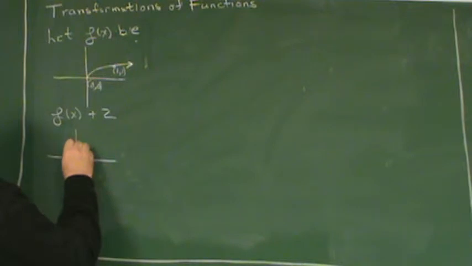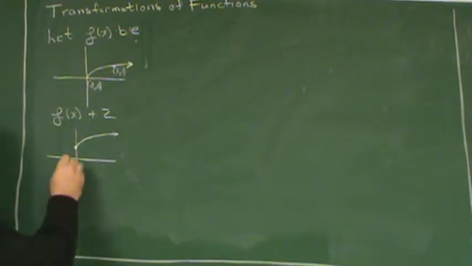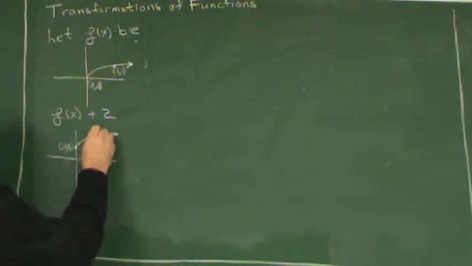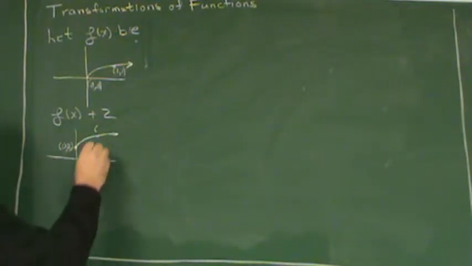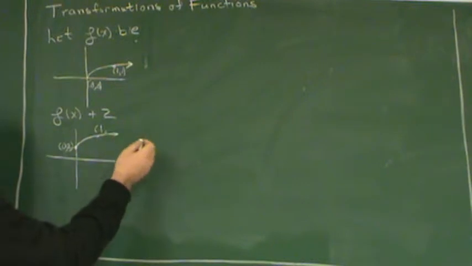The point that was at 0, 0 goes to 0, 2, and we're basically adding 2 to all the y values. So this point, instead of being 0, 0, is now 0, 2. And this point, instead of being 1, 1, is now 1, and 1 plus 2 is 3. So that's going to be the point 1, 3. Subtracting does the opposite. It's just going to move you down.